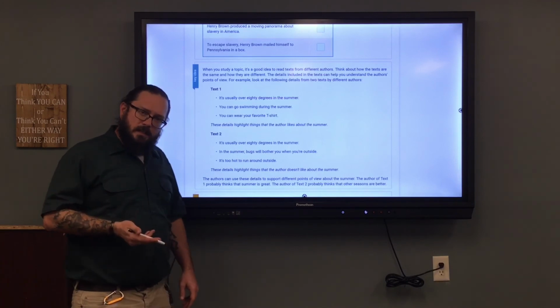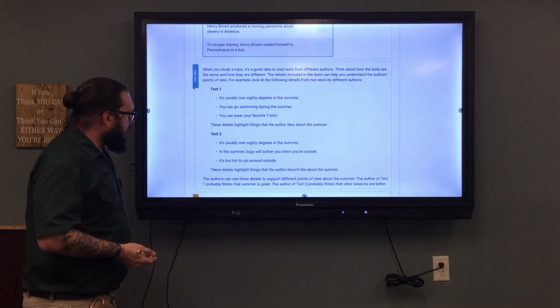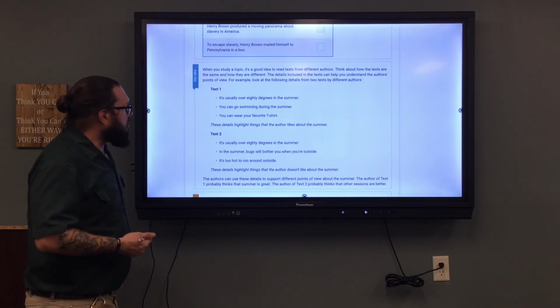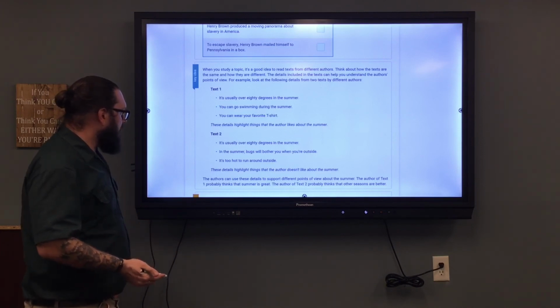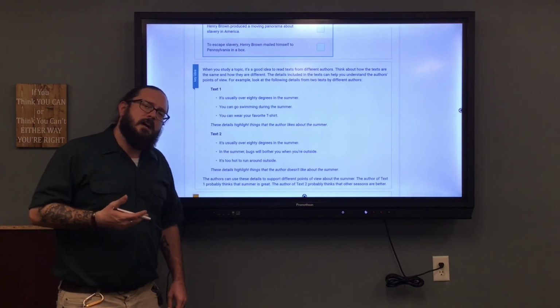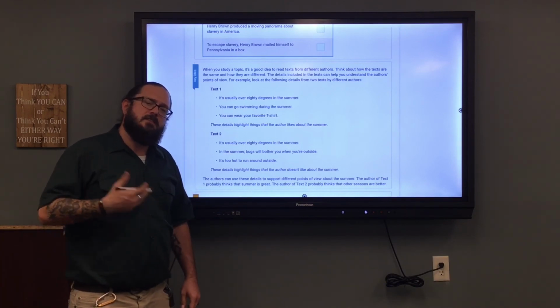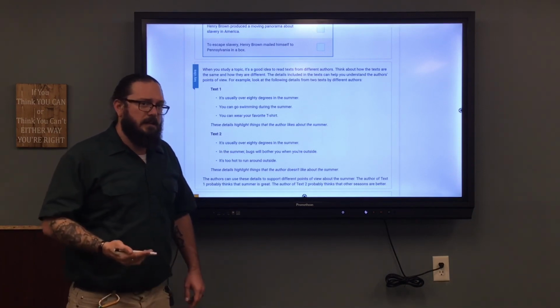Let's take a look at text number 2. It's usually over 80 degrees in the summer. In the summer, bugs will bother you when you're outside. It's too hot to run around outside. Now, in this case, these details could be used by an author to provide evidence and support for why he or she does not like the summer.